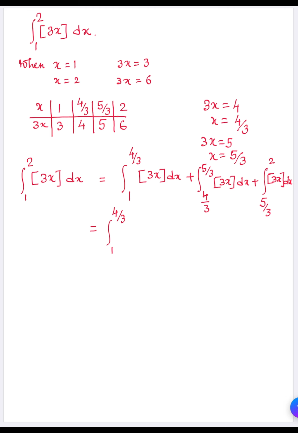From 1 to 4 by 3, the value of the greatest integer of 3x is 3. Again, in the range between 4 by 3 and 5 by 3, the value of the greatest integer is 4. So now this integration from 4 by 3 to 5 by 3 is of 4 dx.